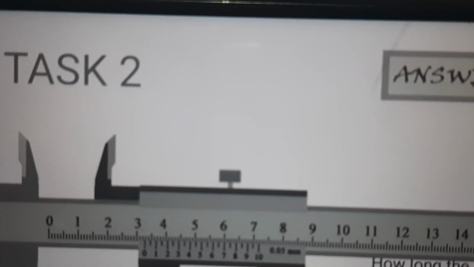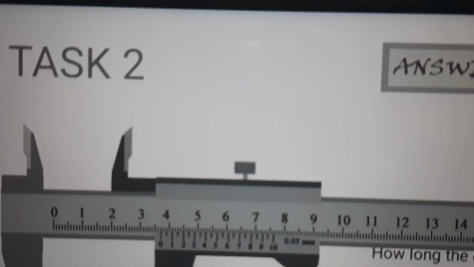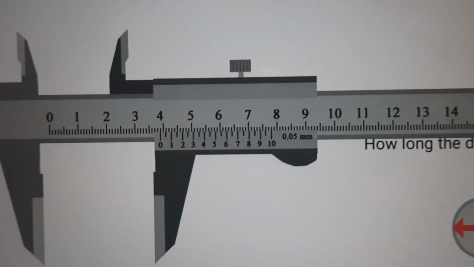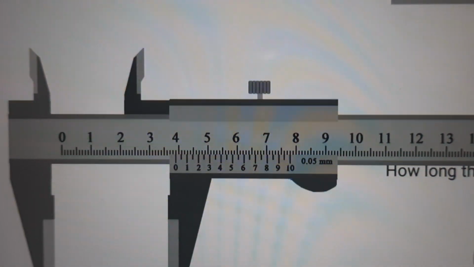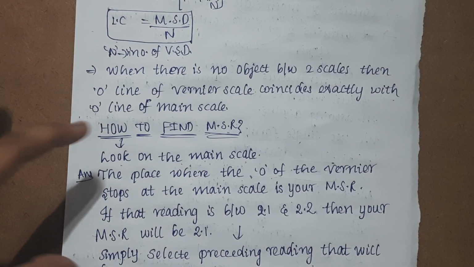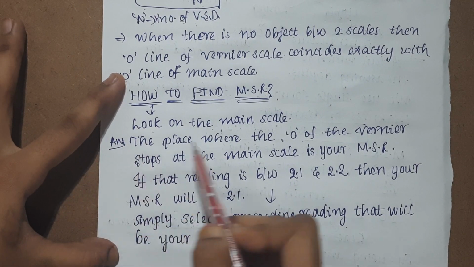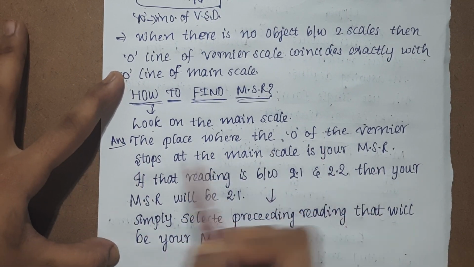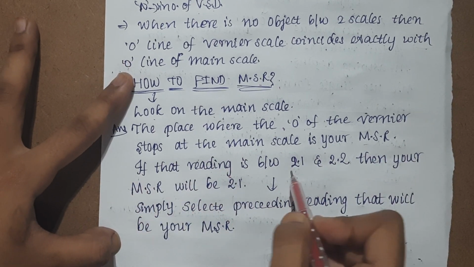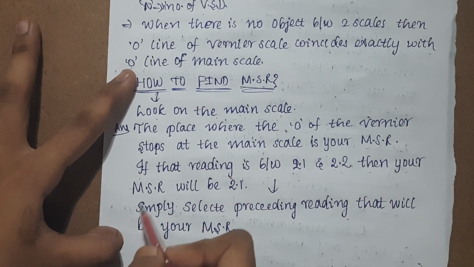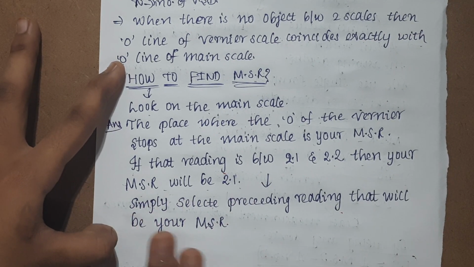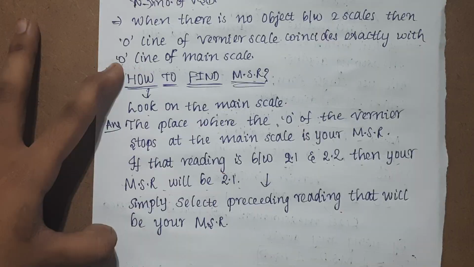If it stops between 3.7 and 3.8, then your main scale reading will be 3.7. You have to take the preceding reading. If that reading is between 2.1 and 2.2, then your main scale reading will be 2.1. Simply select the preceding reading, that will be your main scale reading.